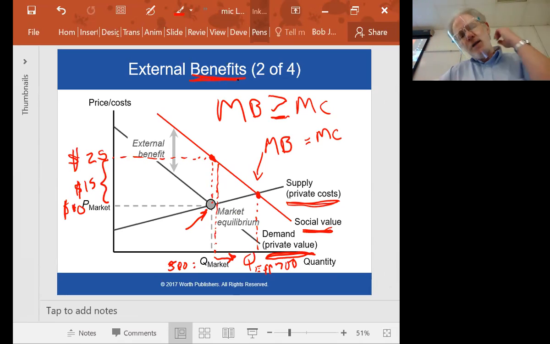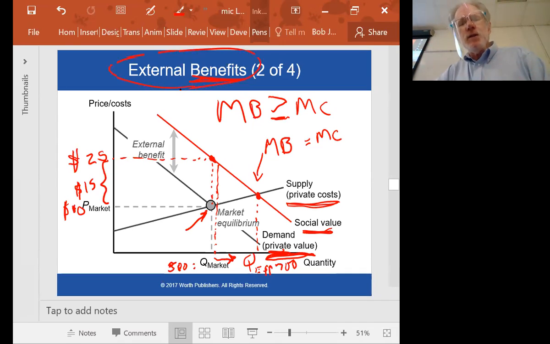And why does that happen? It happens because the consumers are only looking at the private benefit they're getting. They are not looking at the external benefits, the benefit everybody else is getting when somebody gets a shot. So the problem when you have external benefits is you're going to have underproduction.